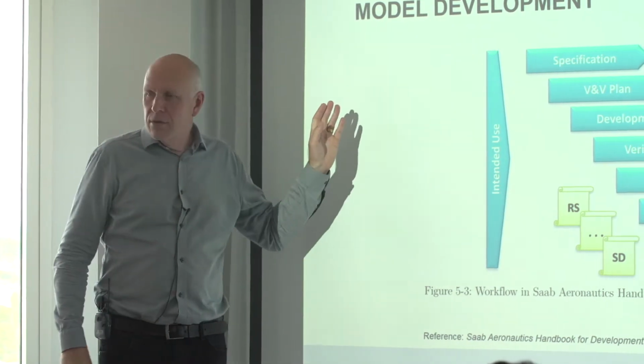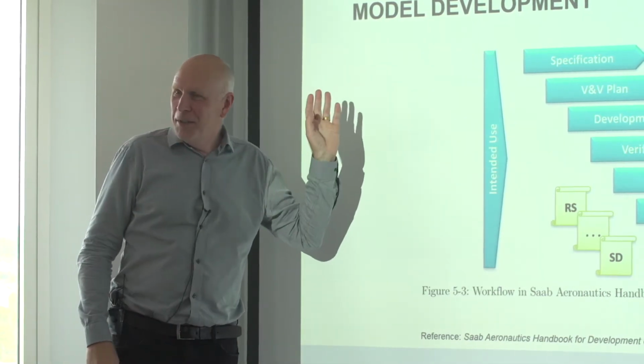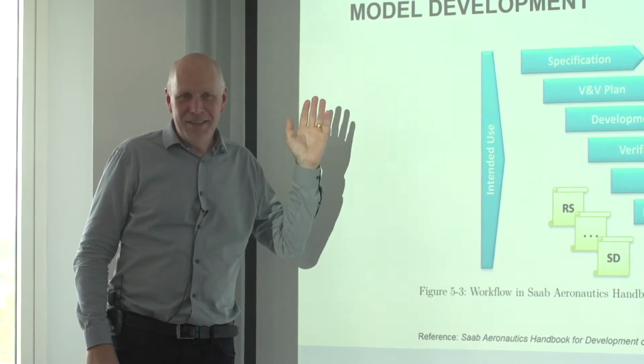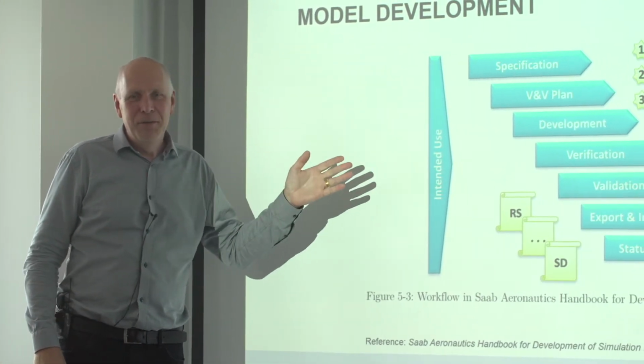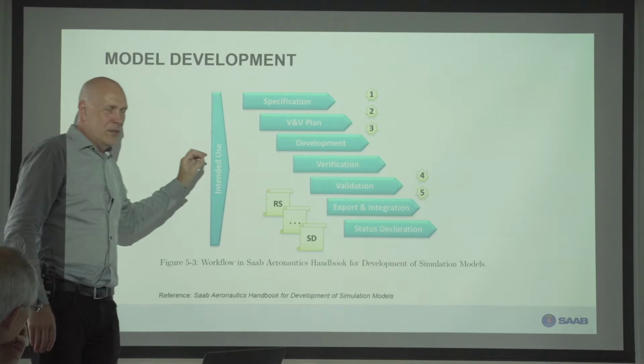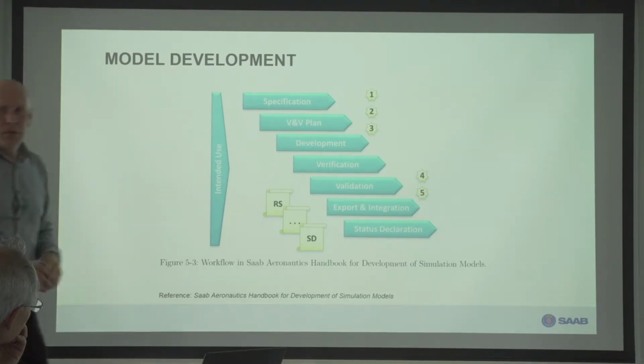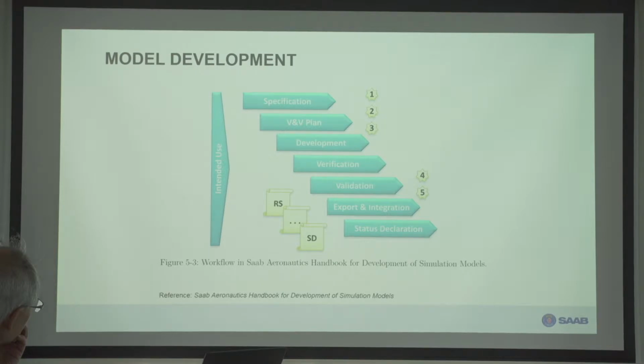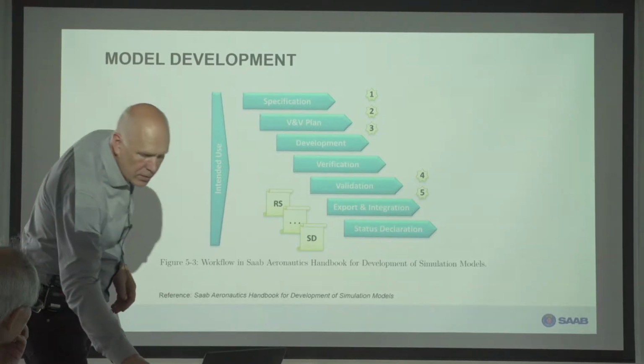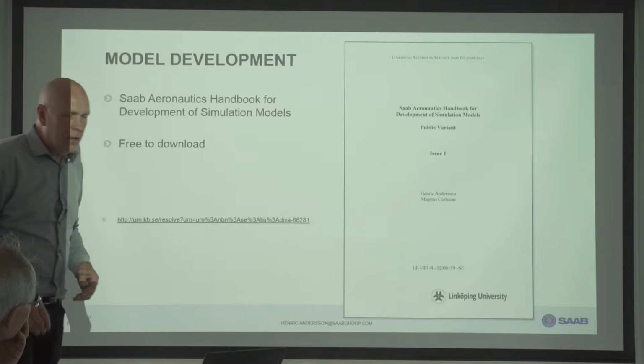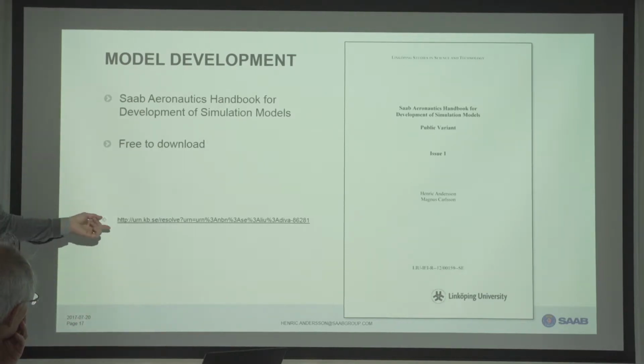So of course this looks waterfall, and I talked about how we try to work agile, and we try to do that, but when it comes to actually doing the documentation and so on, for the model we need to have those process steps. And this handbook is freely available, so I have the link here, and I will send this out to you so you can download it if you want to.